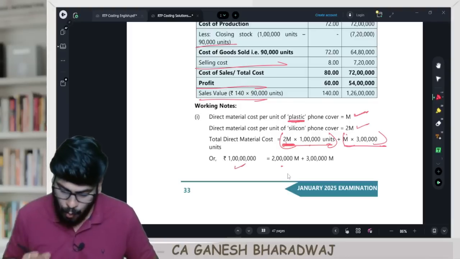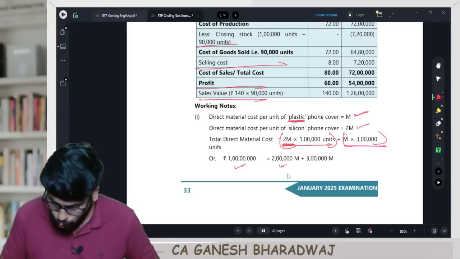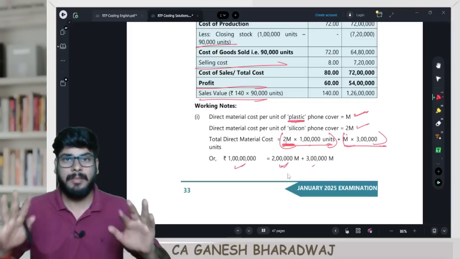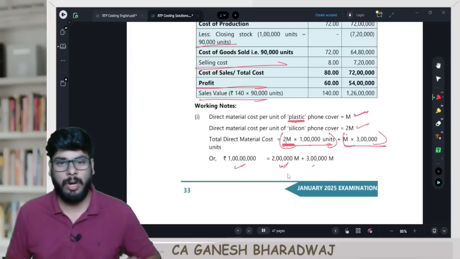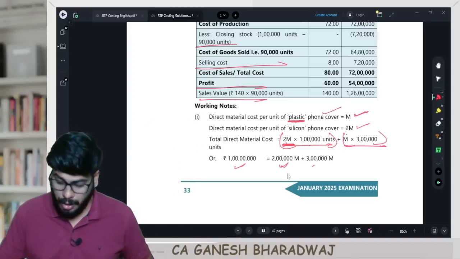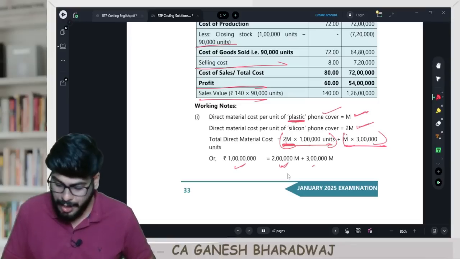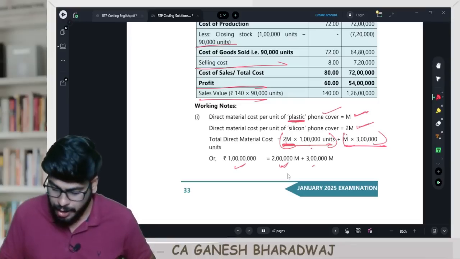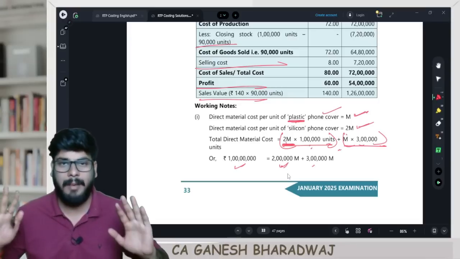So 1 crore rupees is equal to 2 lakh M plus 3 lakh M, correct? 2 lakh M is the total material cost for the silicone phone covers, 2M into 1 lakh, and 3 lakh M for the plastic covers. Are you clear with this?